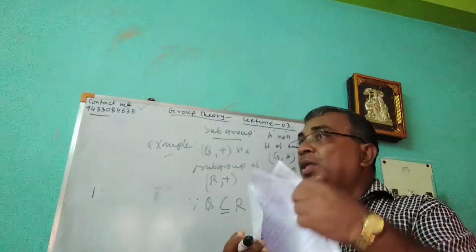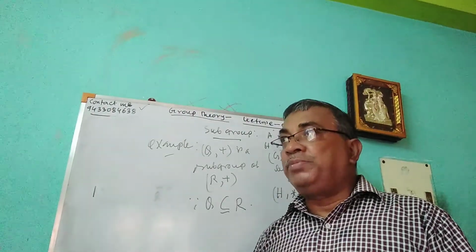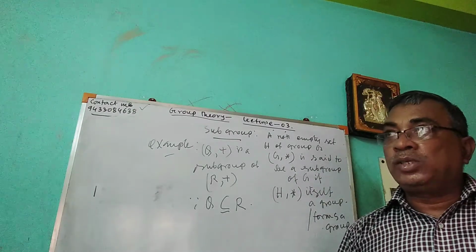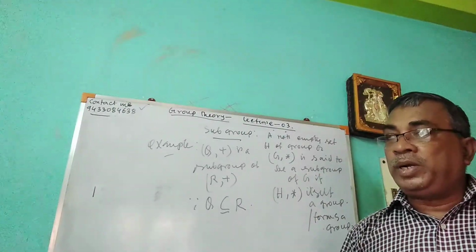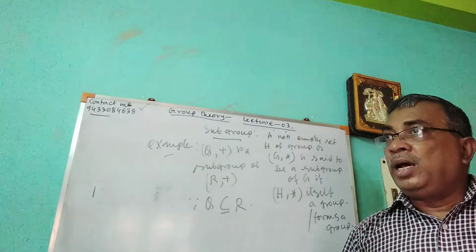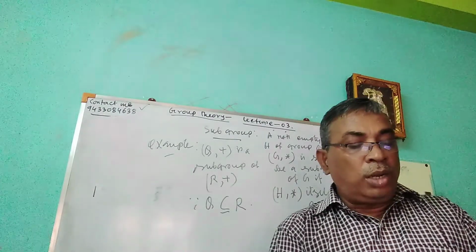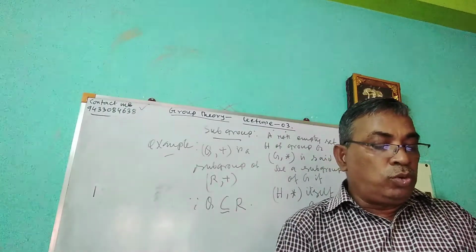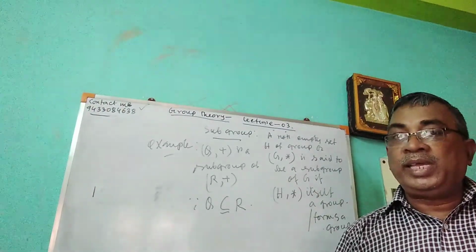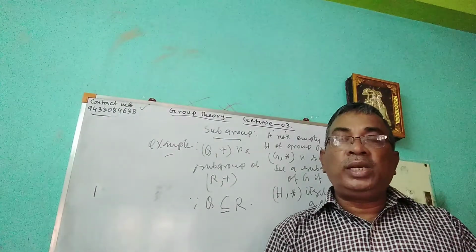One thing I can say: in the definition of a group there are four properties: closure, associative, identity, and inverse. If only the closure property holds, then it is called a groupoid. I will discuss this separately.